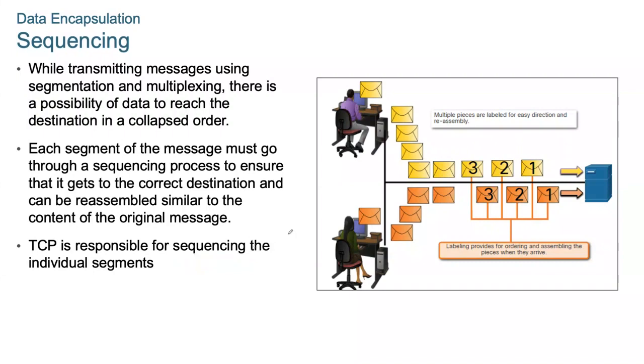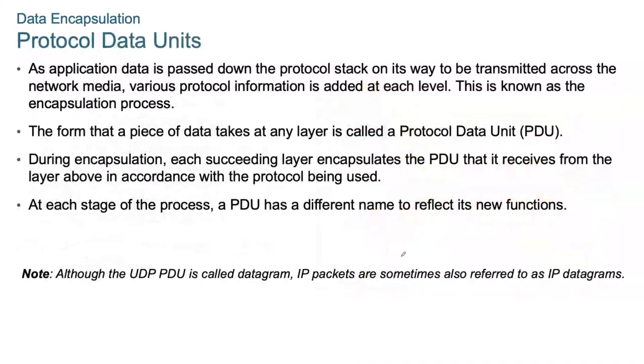At the application layer, the protocol data units are also called PDUs. As the application layer data is passed down the protocol stack on its way to being transmitted across the network media, various protocol information is added at each level.